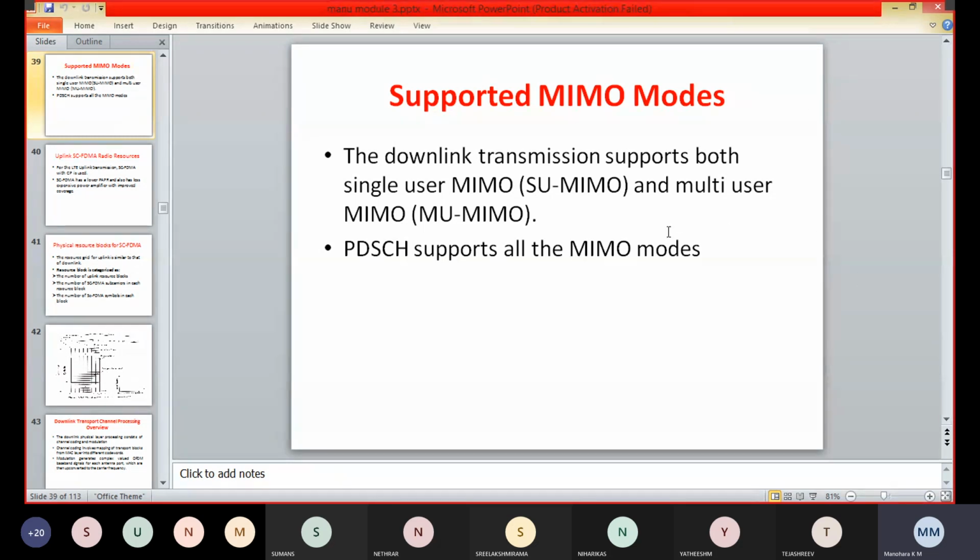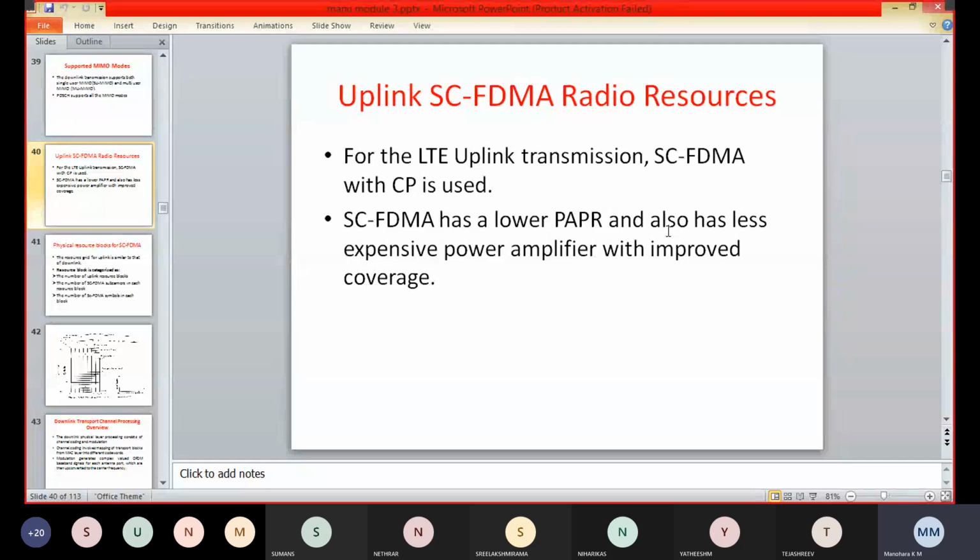Next we have uplink SC-FDMA radio resources. For the LTE uplink transmission, SC-FDMA with the cyclic prefix, that is CP, is adopted.